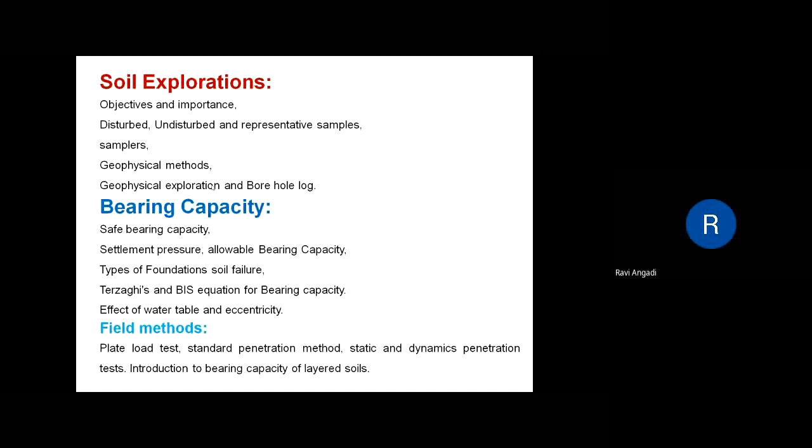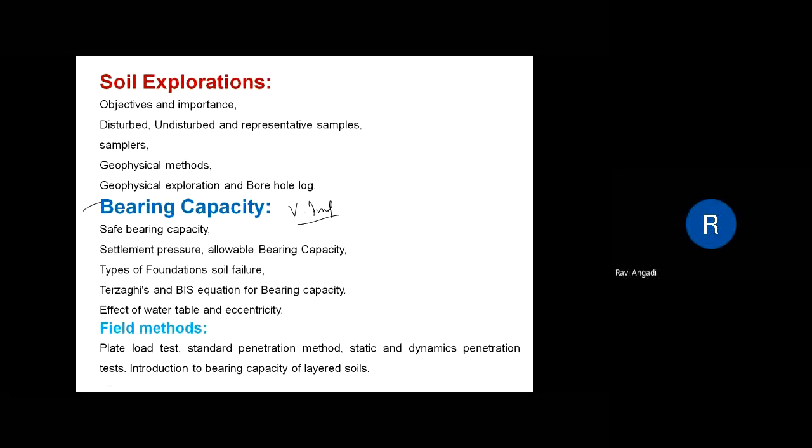So in today's session, I am going to discuss the bearing capacity and various definitions. It is very, very important for you to know how to calculate the bearing capacity. Generally we talk about the safe bearing capacity, the SBC of a soil. Before designing any footings, first we need to calculate the SBC of the soil.